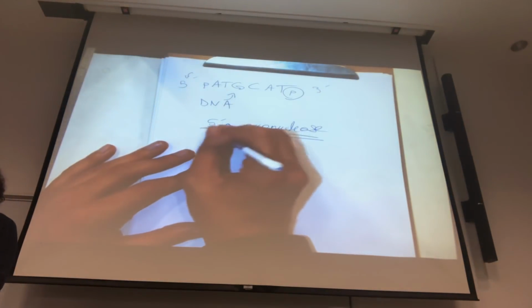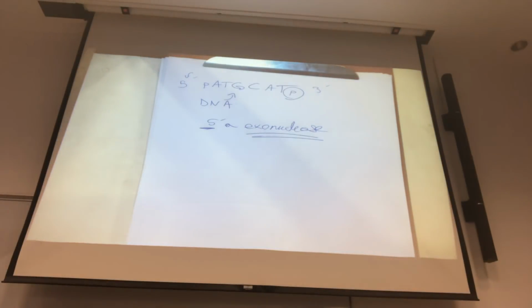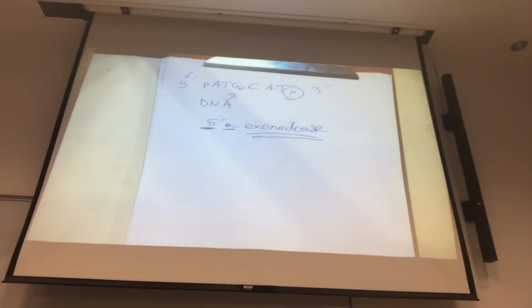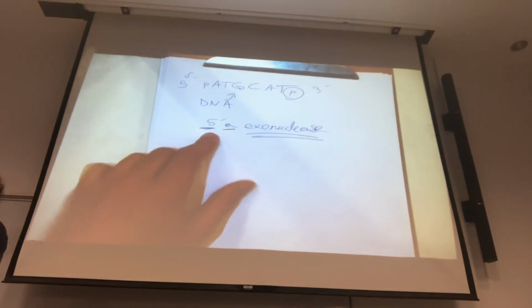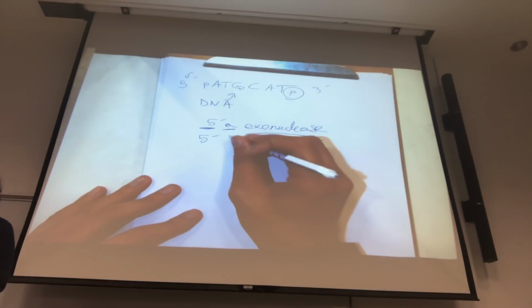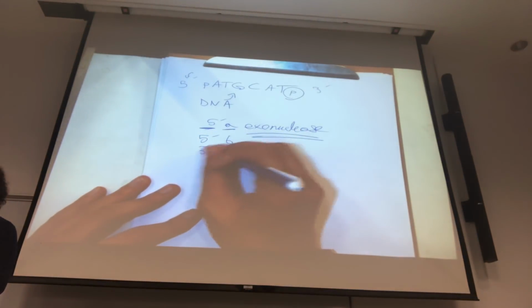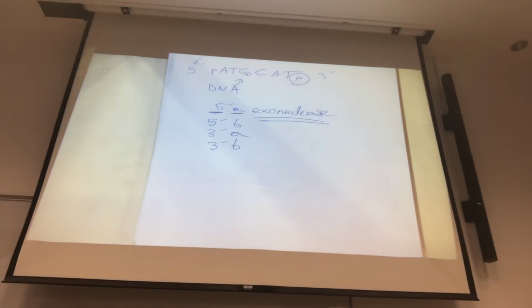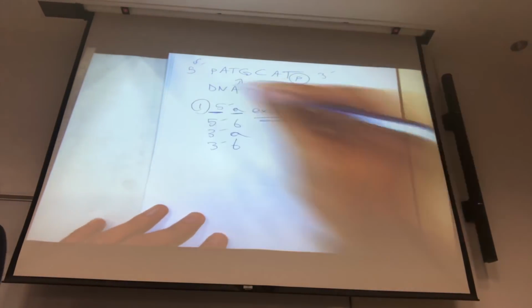This number tells you what end it will remove nucleotides from, and this letter tells you how it will do that. So you can have 5'A exonucleases, 5'B exonucleases, 3'A exonucleases, and 3'B exonucleases. I'm just going to do this first one here.